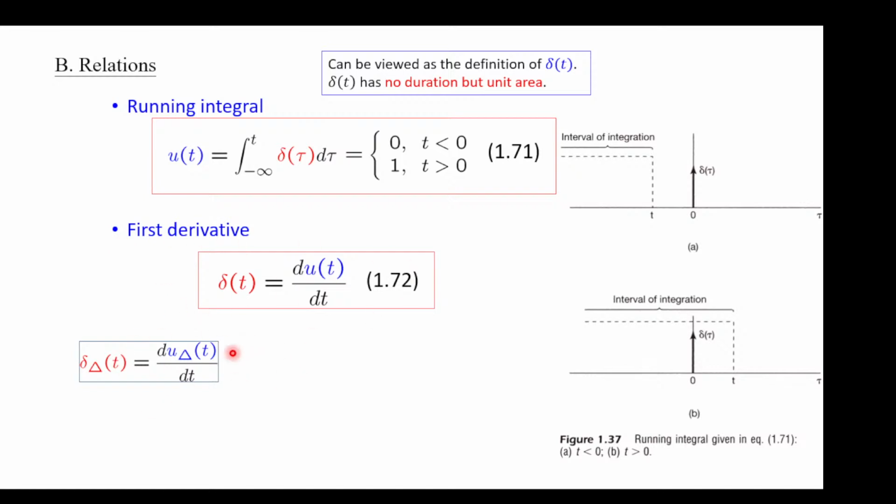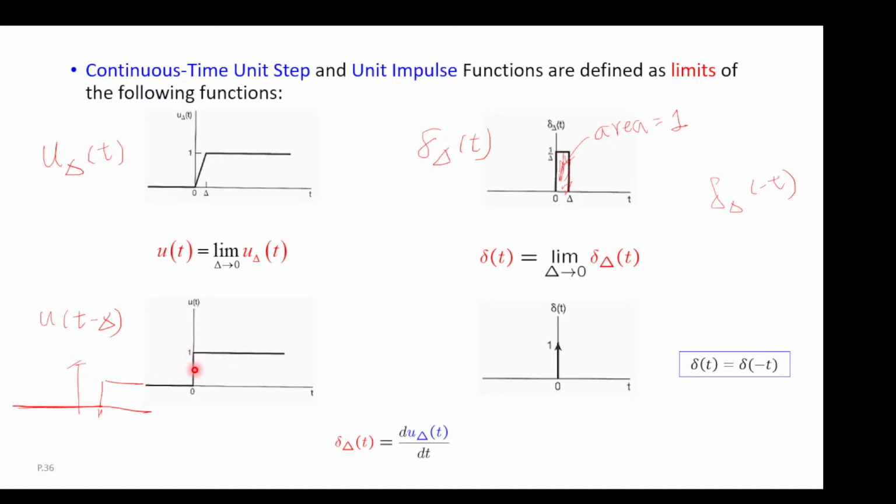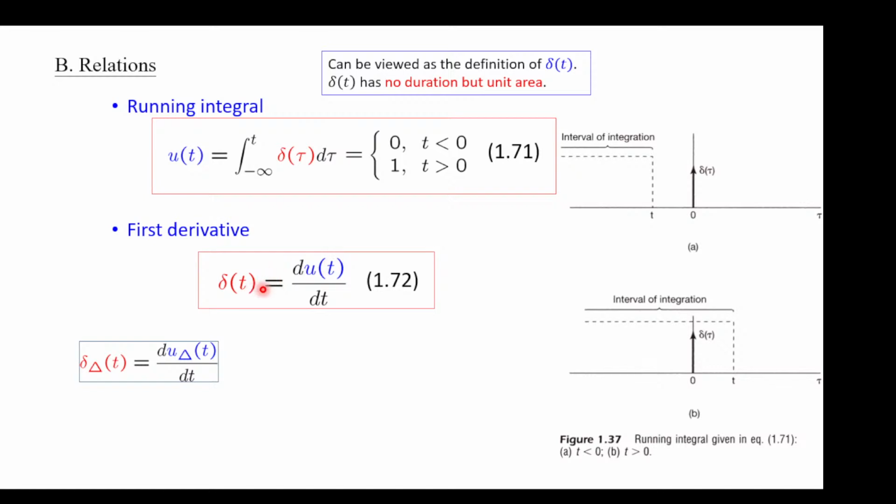You can think about this as an infinite jump. Then you take a derivative, and it becomes this infinite derivative here. You can think of that as the limit of this function, taking the derivative becomes this function. Okay. So these two equations are actually both very important.